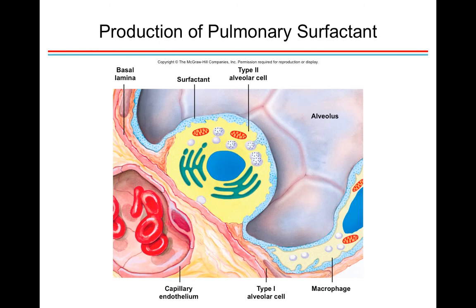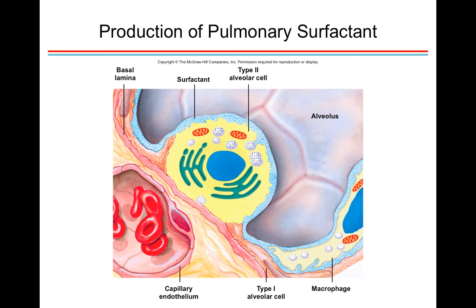So I mentioned that the type 2 alveolar cell secretes surfactant. Surfactant is shown in the very light blue color, and this is going to coat the alveolar wall. The surfactant is made of a hydrophobic protein and phospholipids, and it critically reduces surface tension between water molecules by reducing the number of hydrogen bonds between the water molecules.